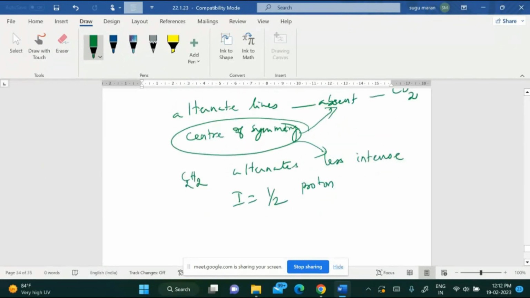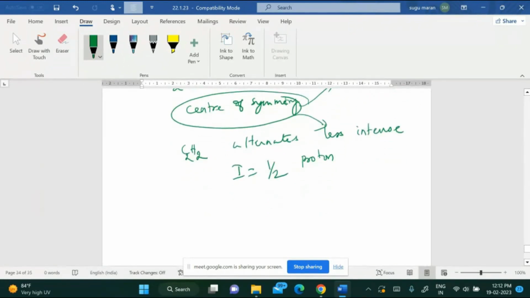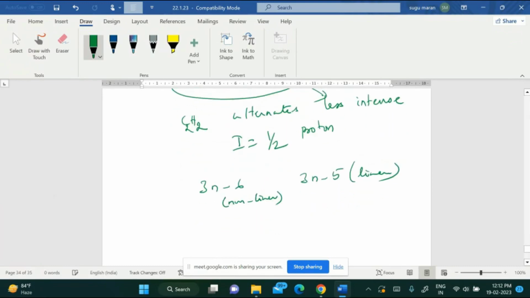So the number of vibrational modes is given by the 3n minus 6 and 3n minus 5 formulas. 3n minus 6 is for a non-linear molecule and 3n minus 5 is for a linear molecule. For a center of symmetry molecule, for example carbon dioxide, you expect 4 vibrational modes, that is 4 fundamental bands.